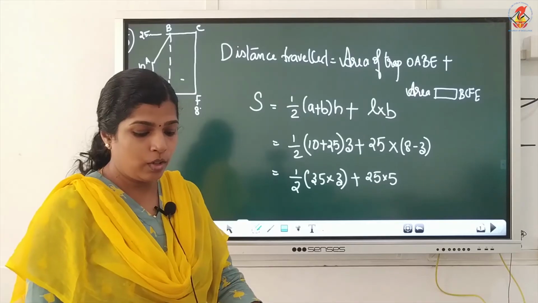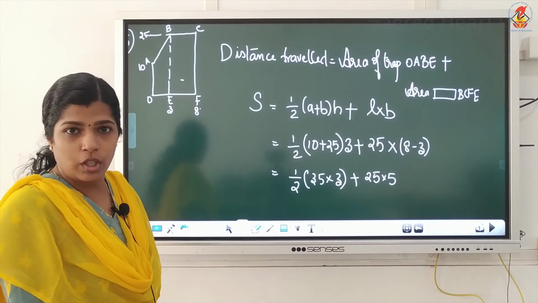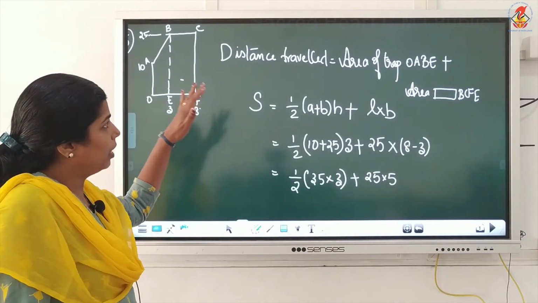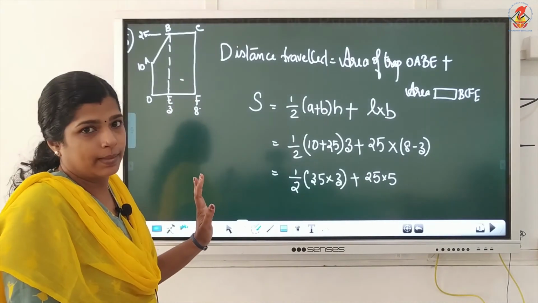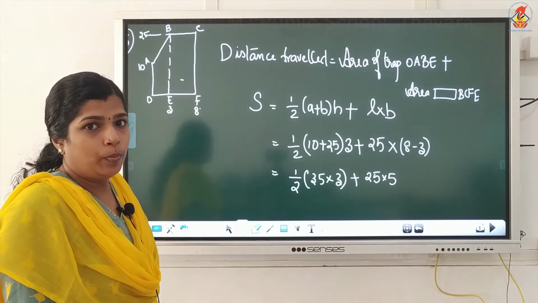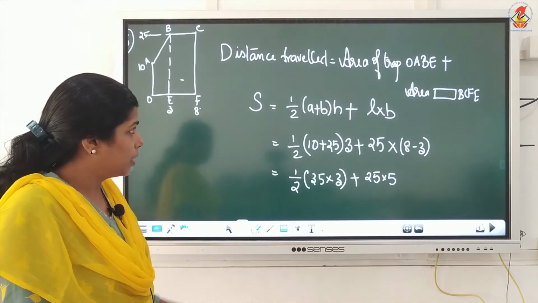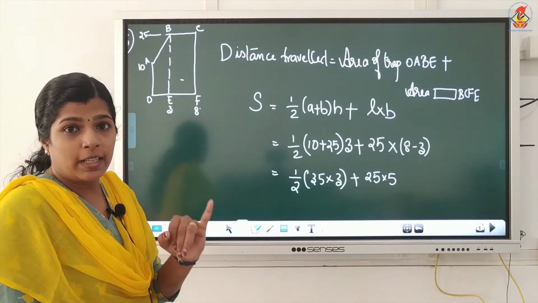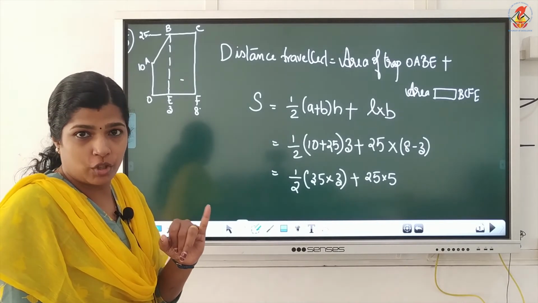So, how you calculated this one? Initial velocity means the starting velocity of the object. Maximum speed is the maximum value attained by the graph. When you plot it, what is the maximum value attained by the graph? That is the maximum speed. Then uniform accelerated motion means the graph is sloping in the upward direction.